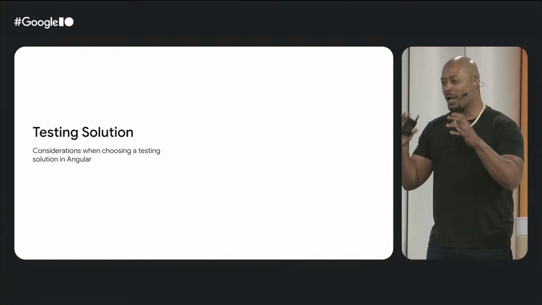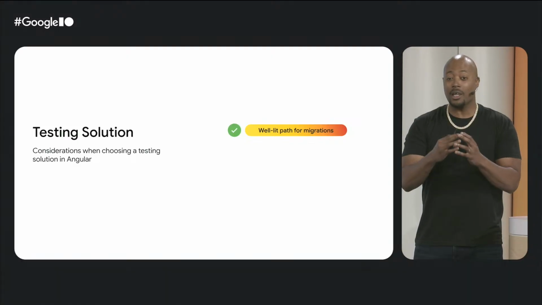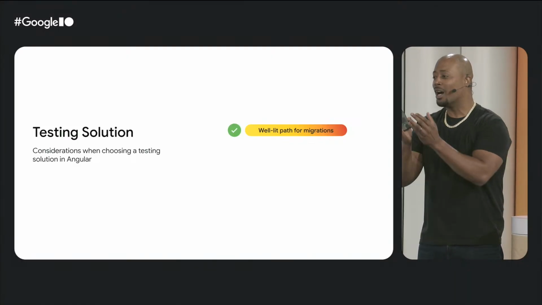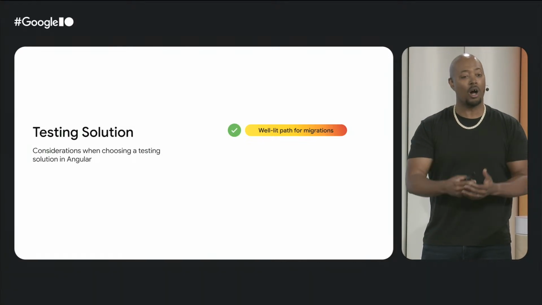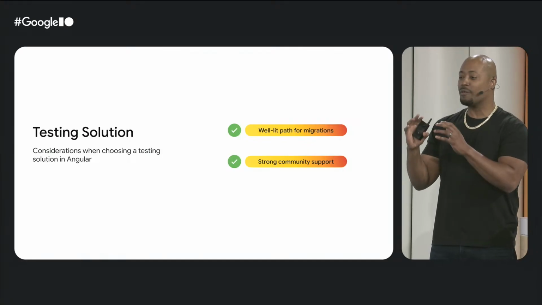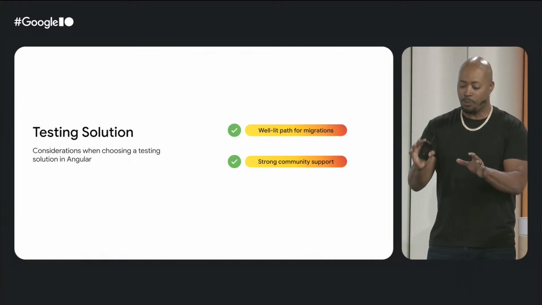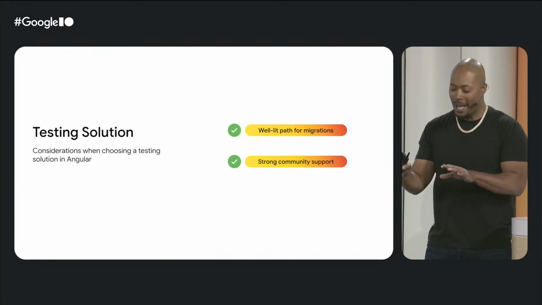So as we're searching for a long-term solution, we knew that we had to choose something that hit 3 major points for us. First, there needed to be a well-lit path, because here on the Angular team, we're very proud of the work that we've done to always bring the community along with us whenever we introduce a significant change. Then we're looking for strong community support, because we really want to make Angular a wonderful place to build web apps.